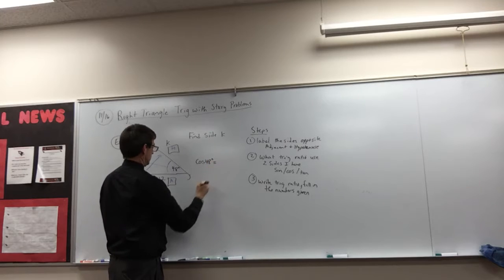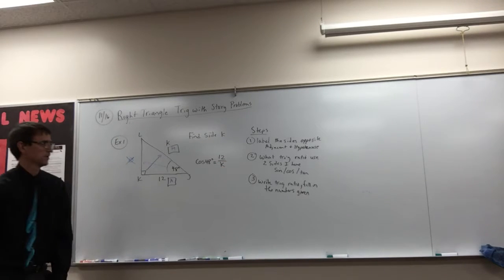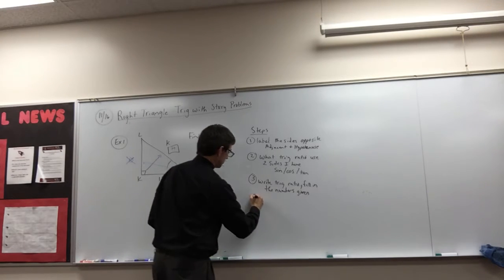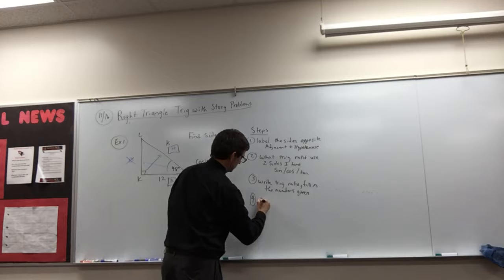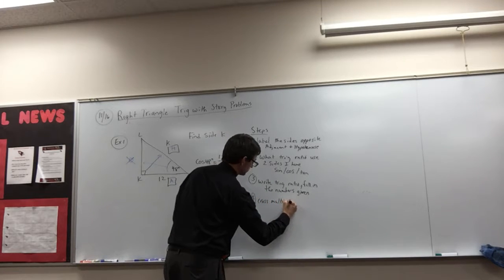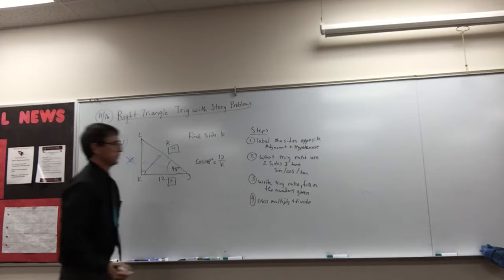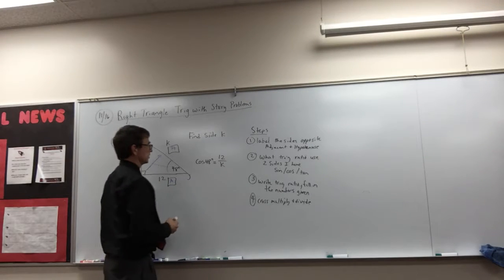It equals adjacent, which is 12, over hypotenuse, which we do not know, that's our k. To solve these, you are always going to cross multiply and divide. It all depends upon where the variable is found as to whether I'm multiplying or dividing.